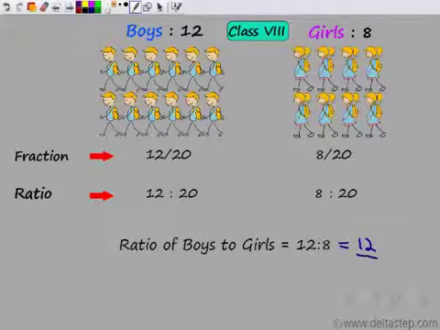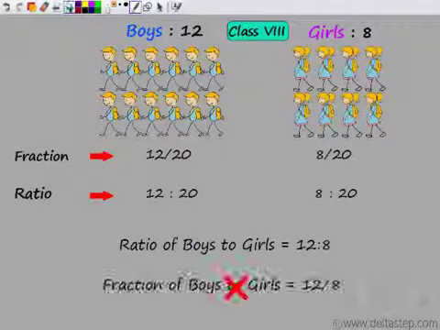Each ratio can be expressed as a fraction. But will this fraction make sense? What does this mean? If I divide it into 8 parts, 12 of those parts are boys? Boys to girls, what will this actually mean? 12 boys to 8 girls? So this fraction, I cannot read.